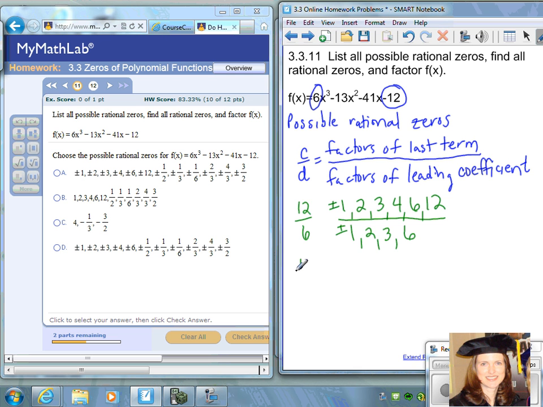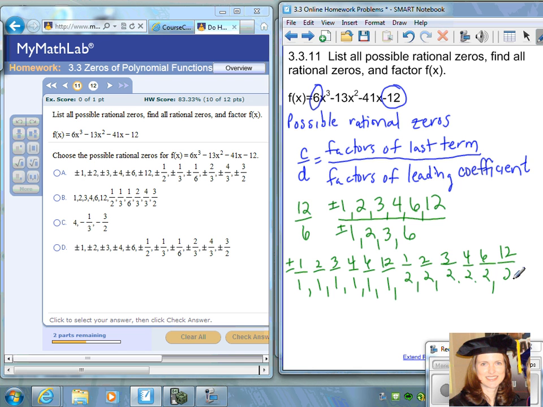If we do 1 over 1 as a possible zero, plus or minus 1 over 1, plus or minus 2 over 1, 3 over 1, 4 over 1, 6 over 1, 12 over 1. And then we could take all of these things in the numerator and divide them by 2, which is 1 over 2, 2 over 2, 3 over 2, 4 over 2, 6 over 2, and 12 over 2.